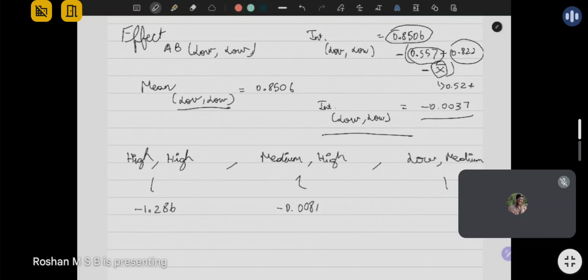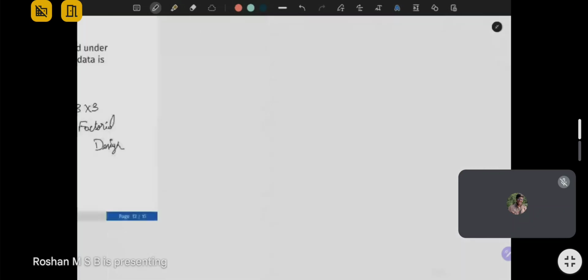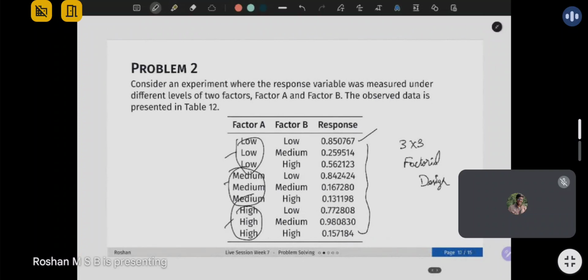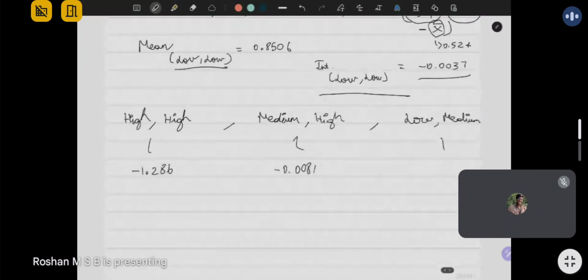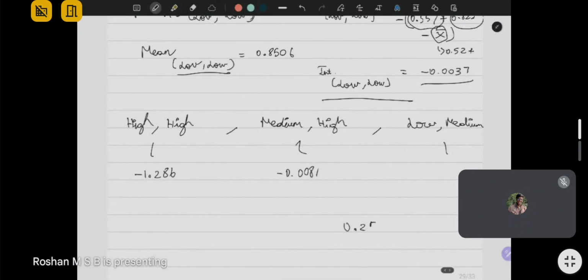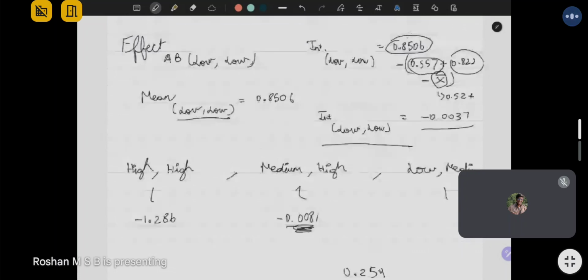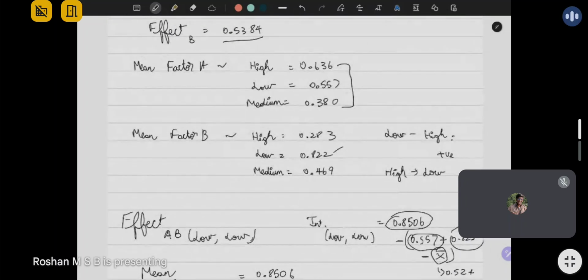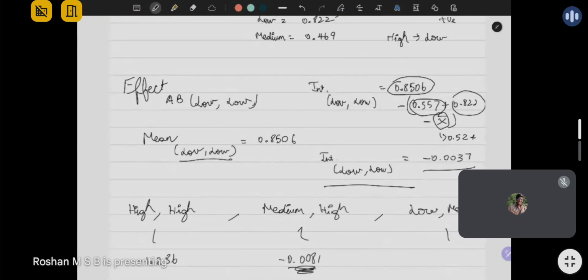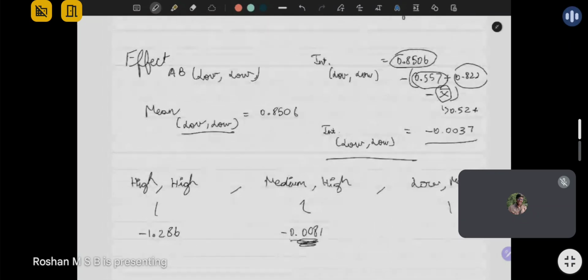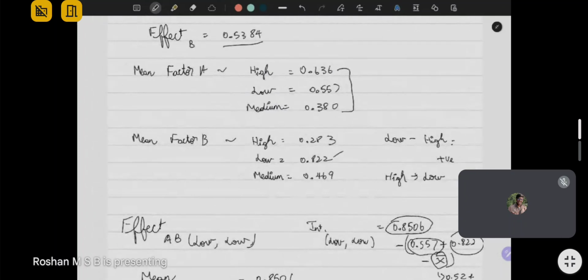Let me check. Then the low medium data point is 0.259. Okay, medium high, I got minus 1.056. I think it will be in the range of this only, but anyway, complete all these three. So for low medium, the point is 0.259, and you have the means here.